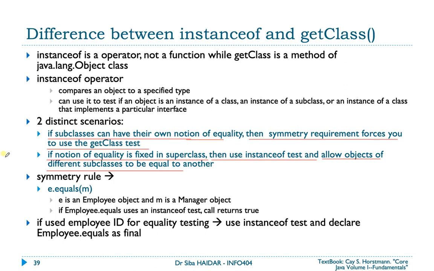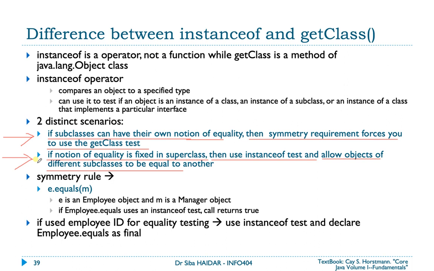Then in this case, you choose instanceof, and we will do exercises about this case. About both cases, we will do applications. We will be very precise in applications to decide which case. This depends on the problem, on the context, on the condition.